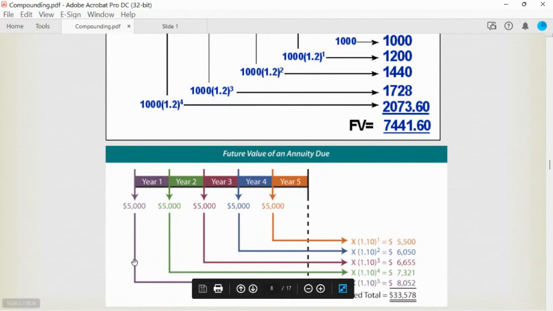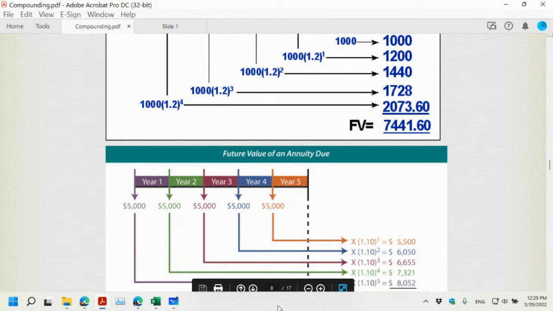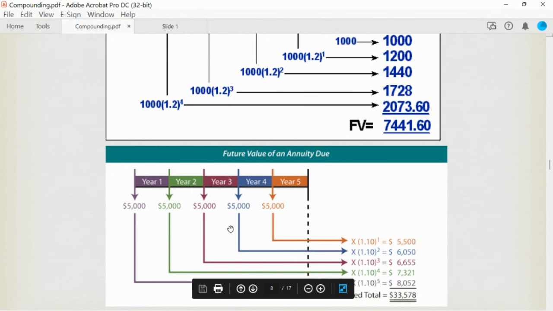Then what's the difference? The only difference is that each deposit will have one more compounding. Future annuity due will have one more compounding than ordinary annuity.